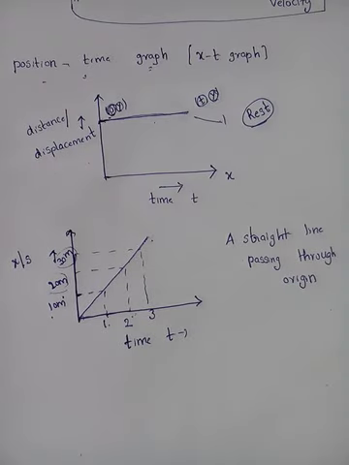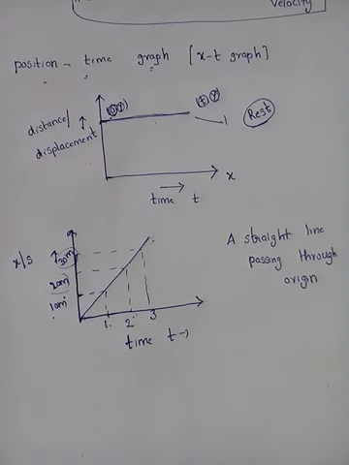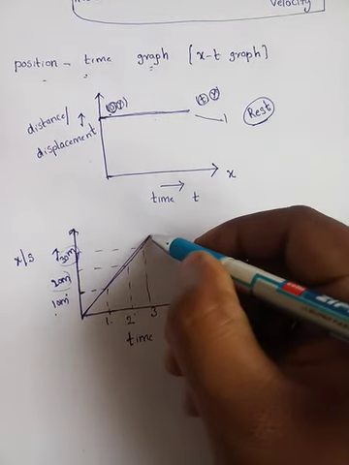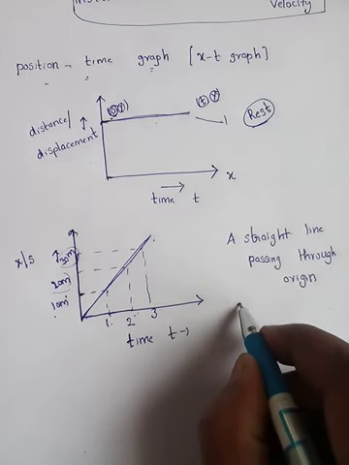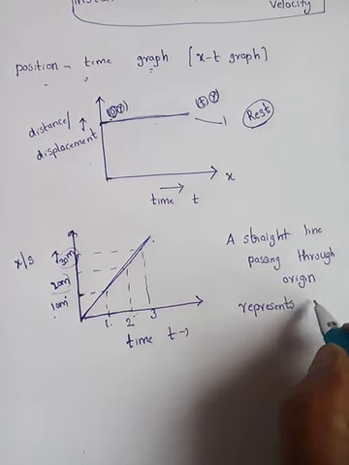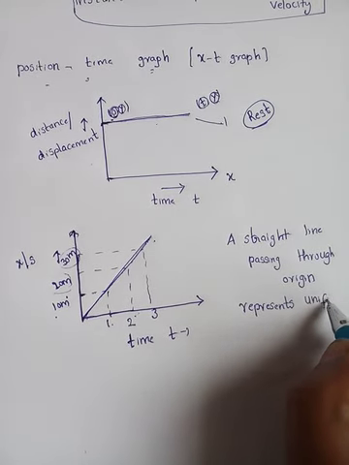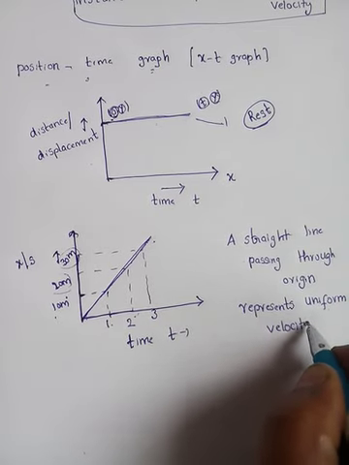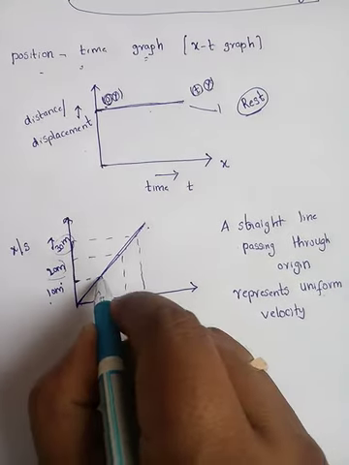So we can say clearly that a body which travels equal distances in equal intervals of time has what? Uniform velocity. So a body moving along a straight line passing through the origin represents uniform velocity.